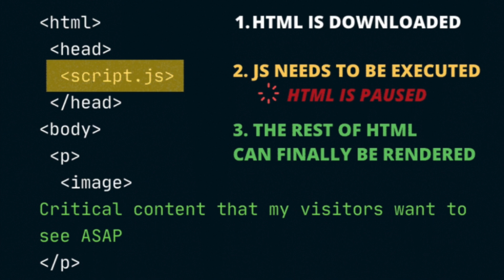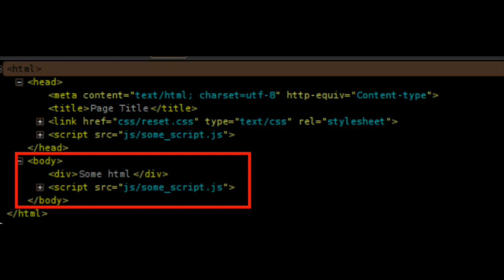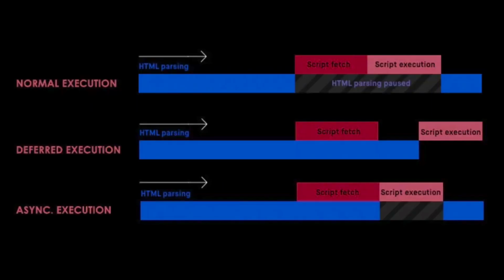To avoid this issue, it's a preferred and good practice to include your JavaScript at the end of the body tag, or use attributes like async or defer. In here, the defer keyword ensures that the HTML content is parsed before JavaScript is executed, which prevents potential conflicts.